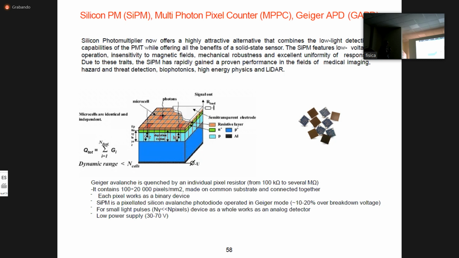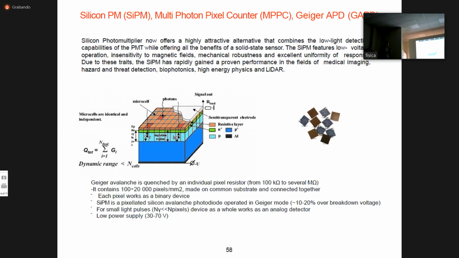This device now hasn't fully replaced photomultiplier tubes because it's quite small. The maximum size, you can see it here, is about 6 by 6 millimeters. It's not big enough, and in order to create a significant area to detect light, we have to combine them into a matrix of these silicon photomultipliers.